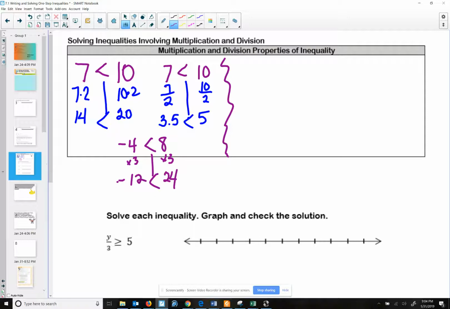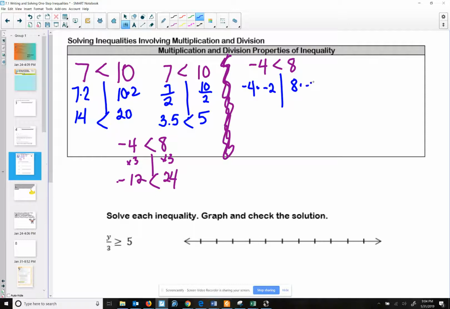Okay. Let's come up with something else. I kind of like the -4 and +8 one. So let me grab that one again. Okay. So I'm going to jump over to this side of my dividing line. -4 is less than +8. I know that that's true. When I come over here and let's say I'm going to multiply, I'm going to take -4, and I'm going to take +8, and this time I'm going to multiply by -2.